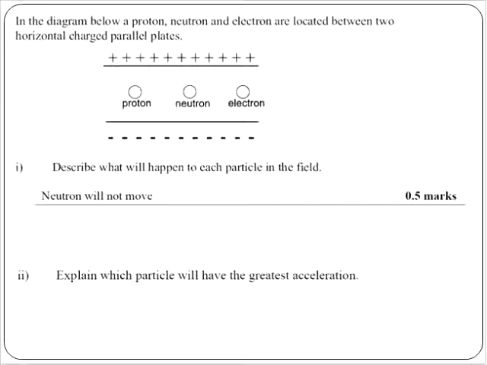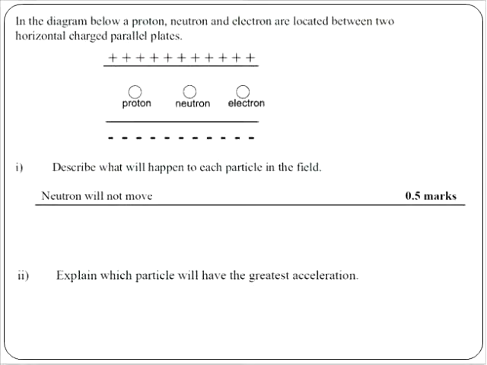Neutral objects become temporarily charged when they're next to a charged object. That's why they attract. A neutron doesn't have any electrons to move around. The neutron by itself would not be affected by these charged plates. So the positive on the top, the negative on the bottom, wouldn't matter. The neutron is not affected.